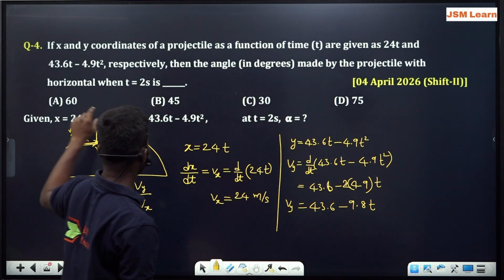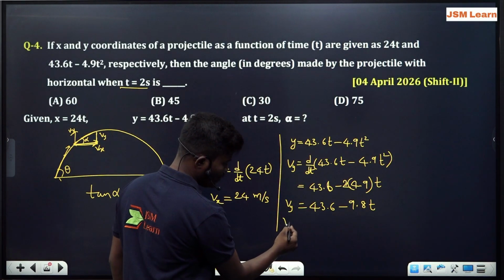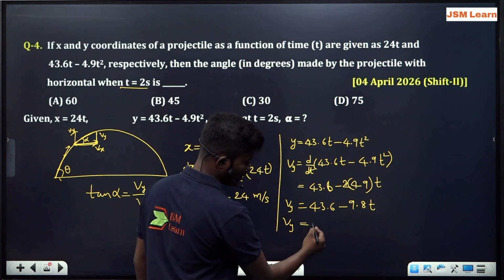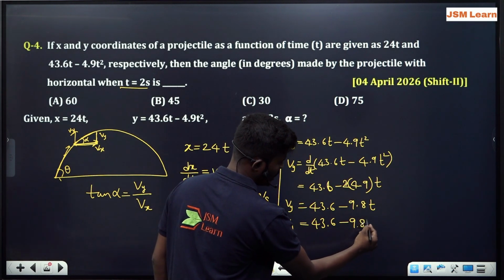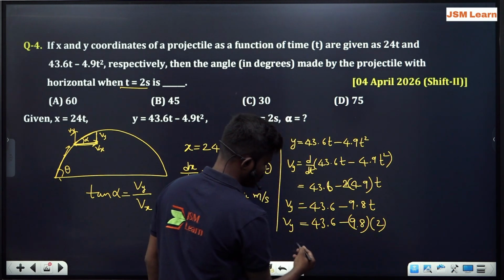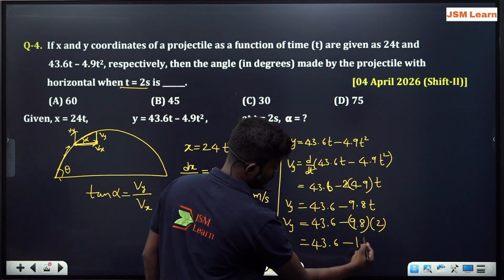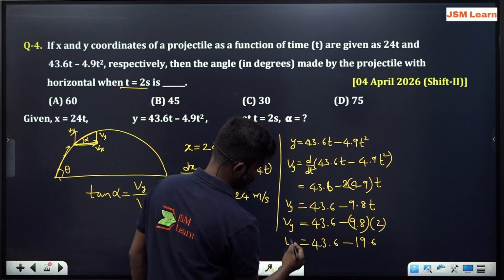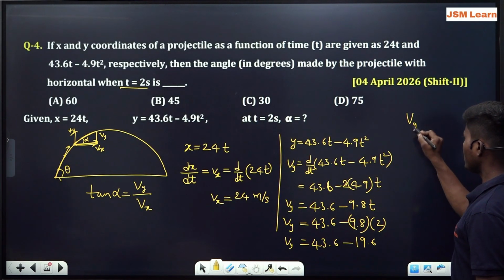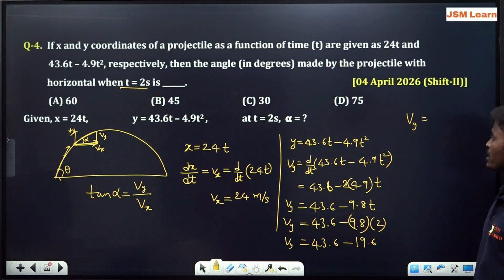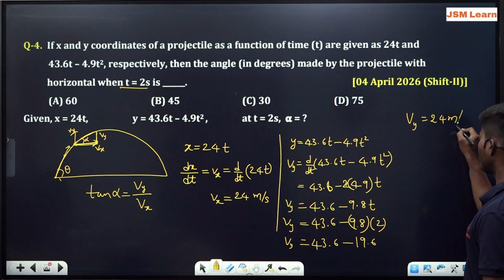In this case, he is asking at t equal to 2 seconds. So Vy at 2 seconds will be 43.6 minus 9.8 into 2, which is 43.6 minus 19.6. So the vertical direction velocity Vy becomes 24 meter per second.